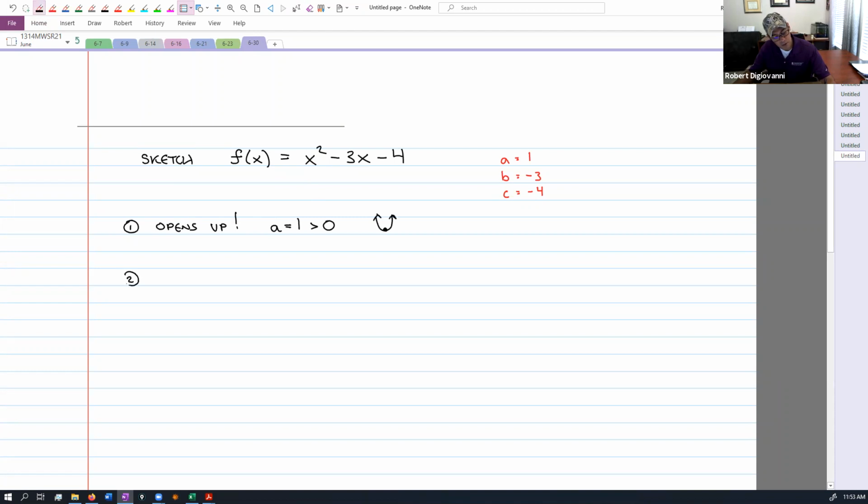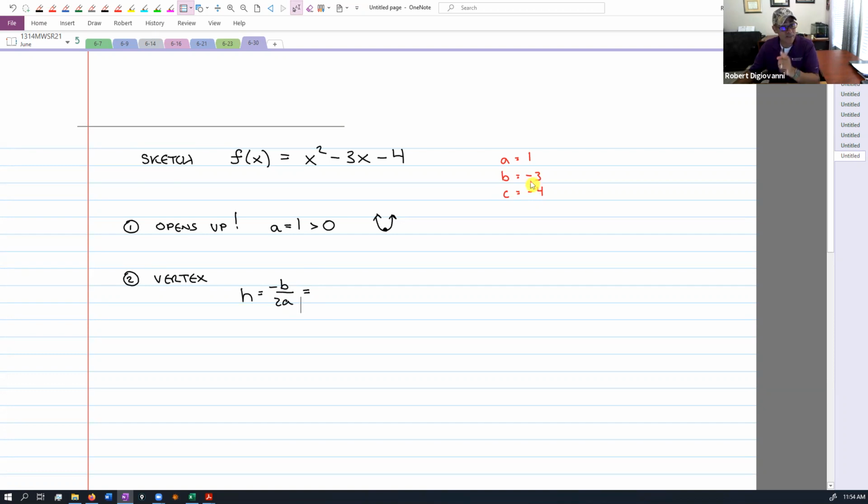Step 2 is I need to find the vertex. So I'm going to use a formula. H is equal to -b over 2a. Now pay attention to this because this is where students get messed up. When you see -b on top here, this means the opposite of b, right? -b is the opposite of whatever b is. So b for me is -3.